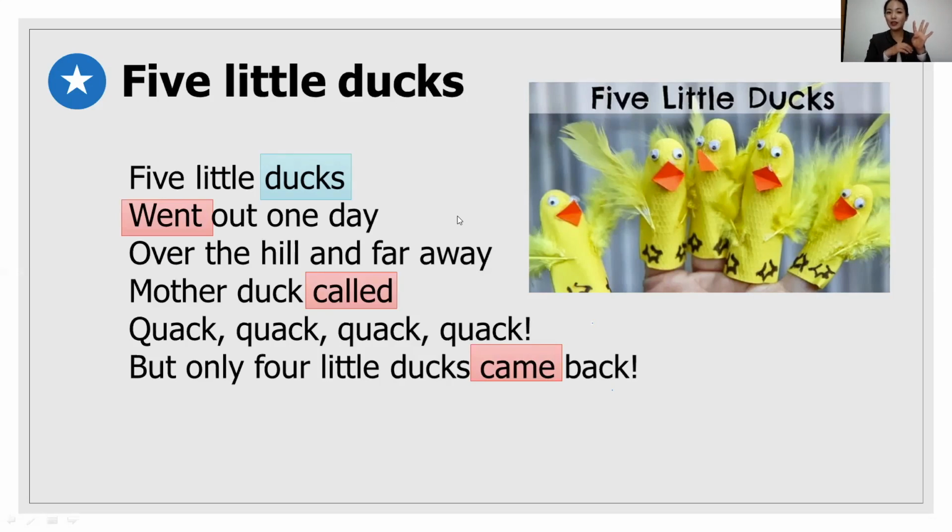So this song will be repeated, like four little ducks went out one day over the hills and far away. Mother duck called quack, quack, quack, quack, but only three little ducks came back. Can you sing for me? Yes. Three little ducks went out one day over the hills and far away. Mother duck called quack, quack, quack, quack, but only two little ducks came back, like this. Yes.